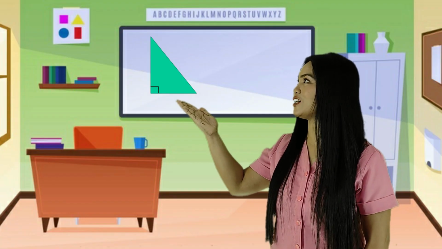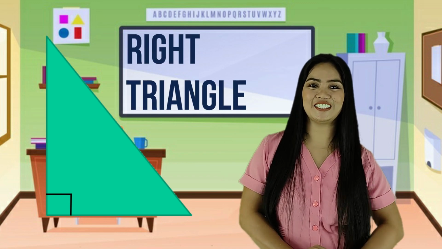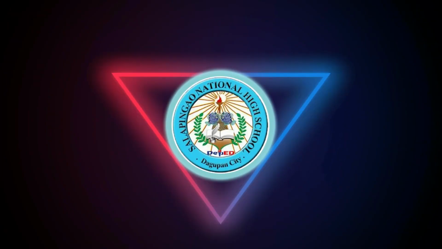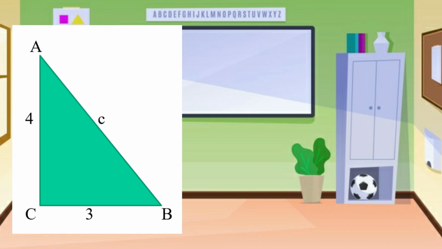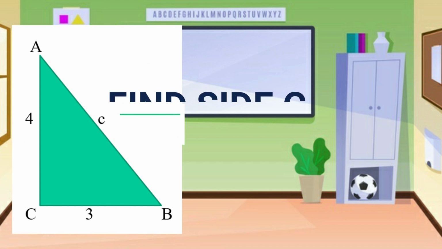Here is triangle ABC. What kind of triangle is this? Correct! It is a right triangle. Given the measurements, what is side C?